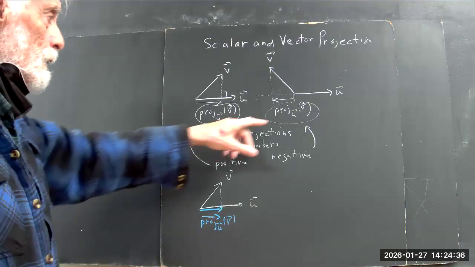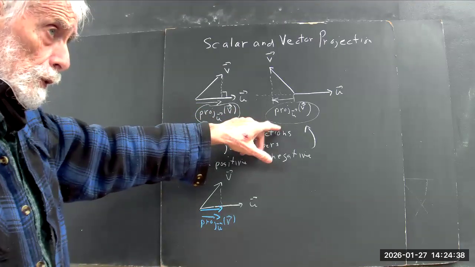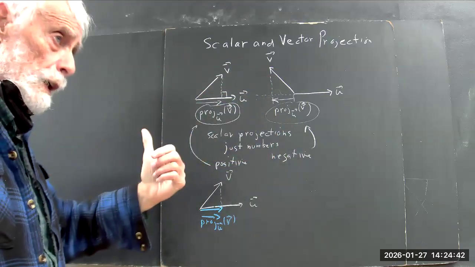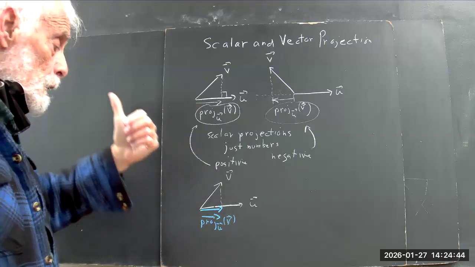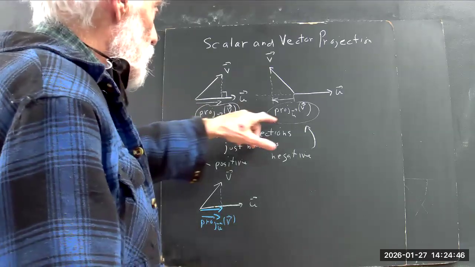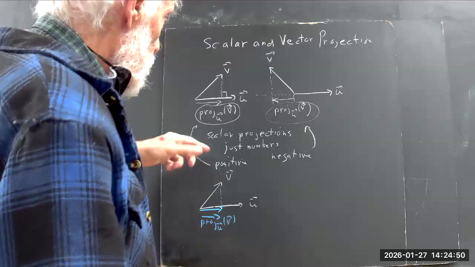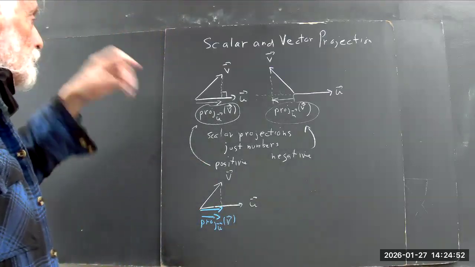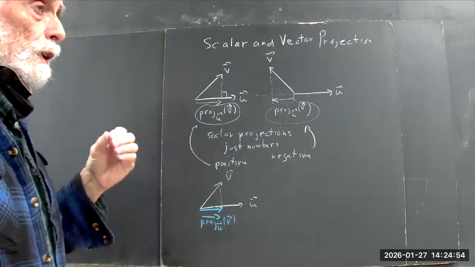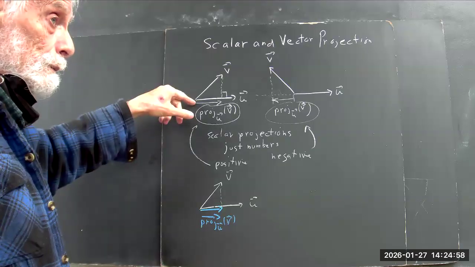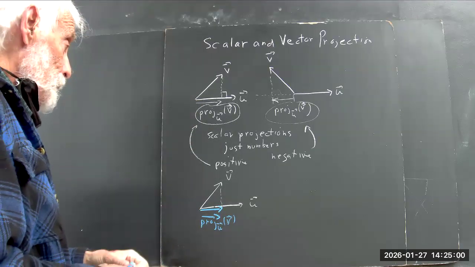Okay, these are not both just magnitudes. The scalar projections aren't just magnitudes because a scalar projection can be negative. So neither one of these is really the magnitude of the vector projection. Although in the case where the angle between the vectors is acute, then the magnitude would equal the scalar projection.